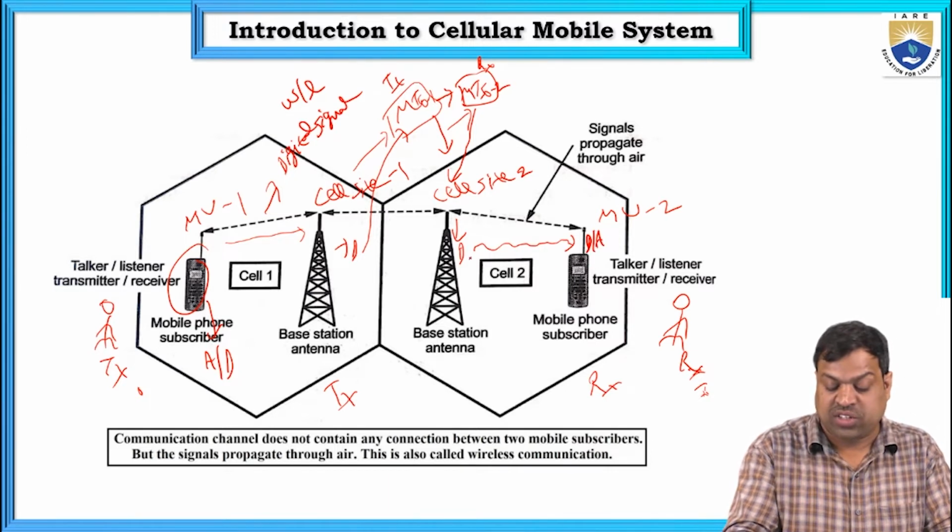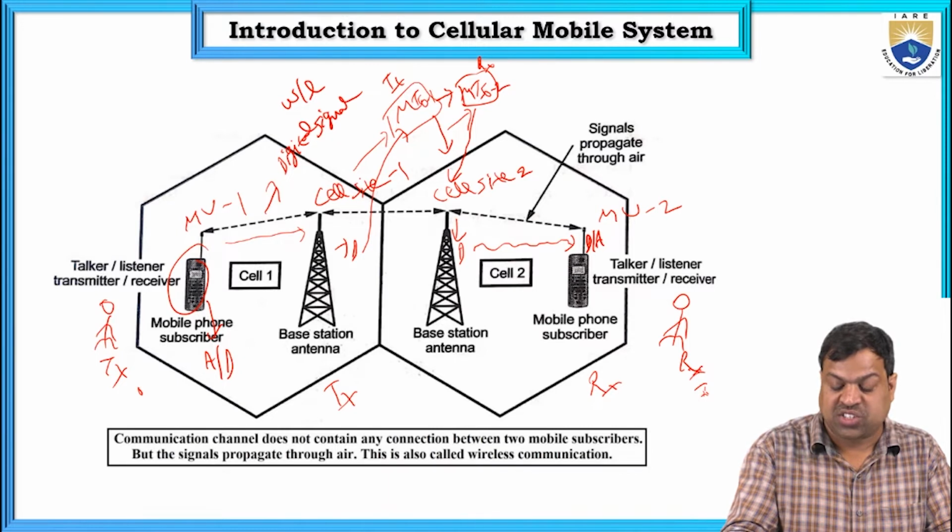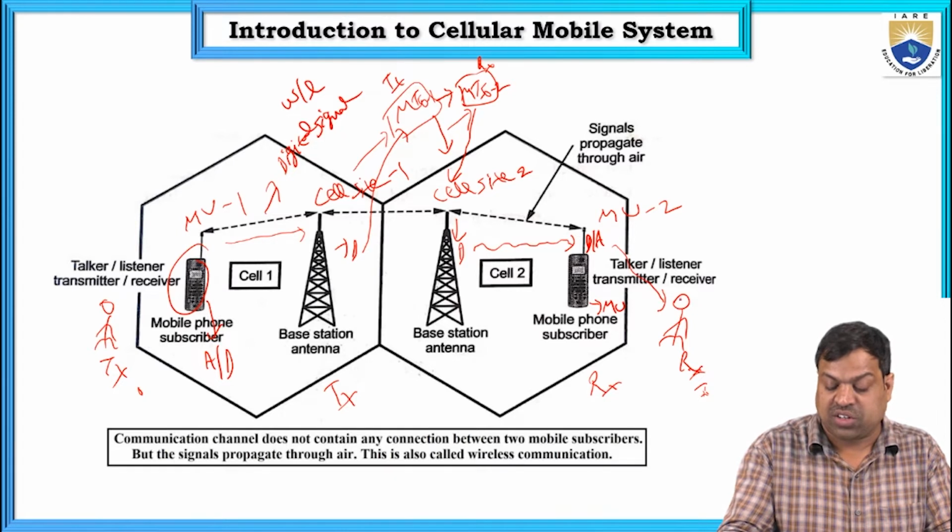Because from the base station to the cell site to the mobile unit, digital signals are there. When the signal reaches the mobile unit, it converts digital to analog, because the person is listening to audio only, and audio means the analog signal.